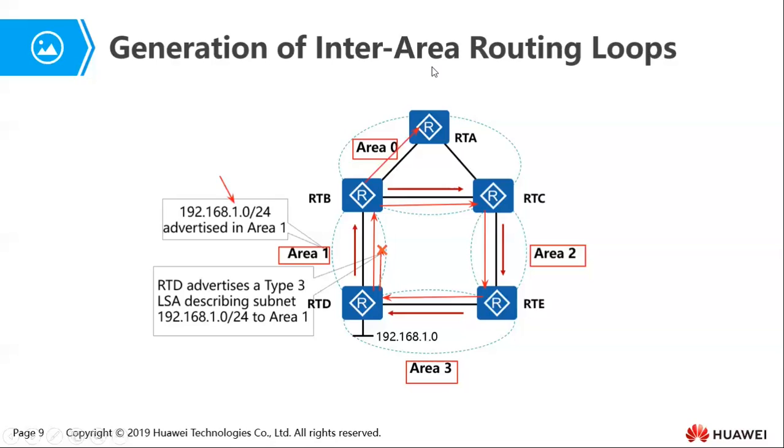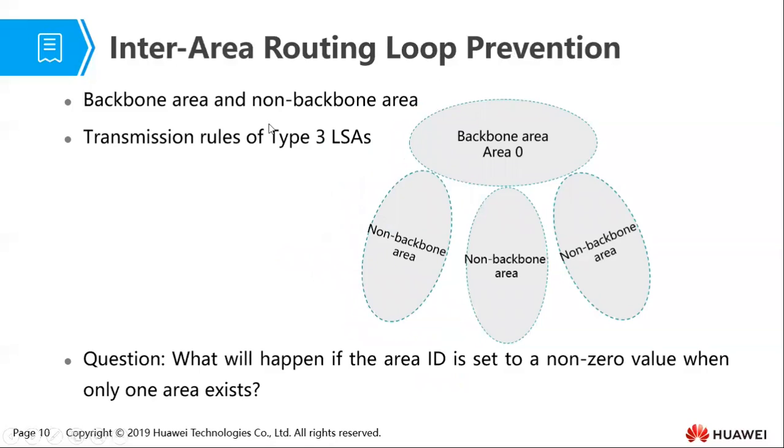So how does OSPF deal with the issue of inter-area routing loops? OSPF divides areas into 2 major categories: what we call the backbone area, which is normally named as area 0.